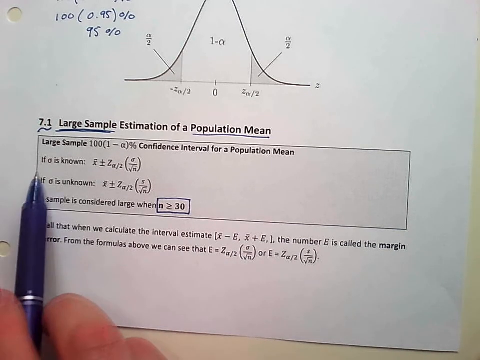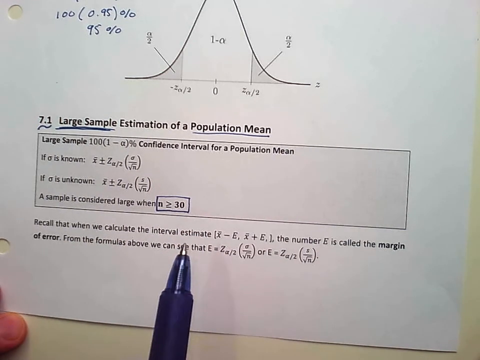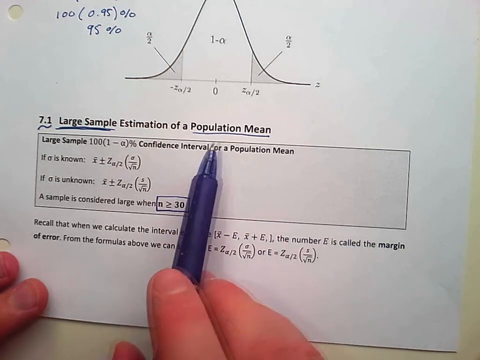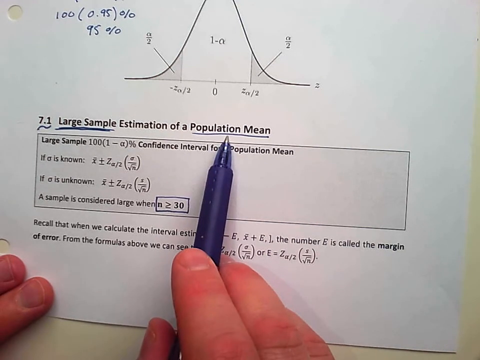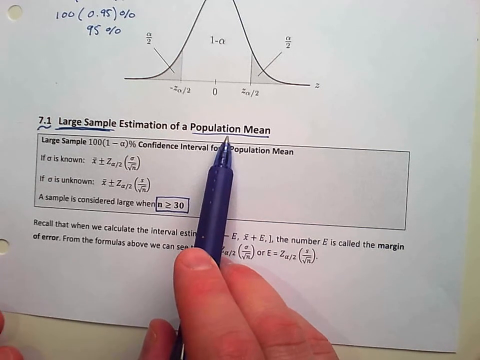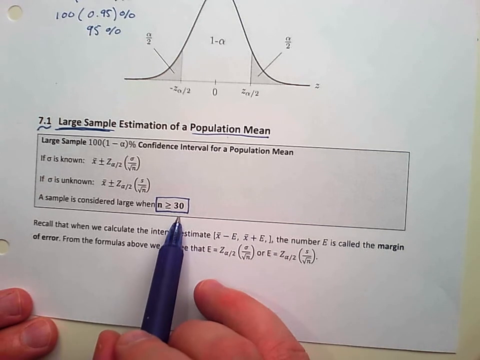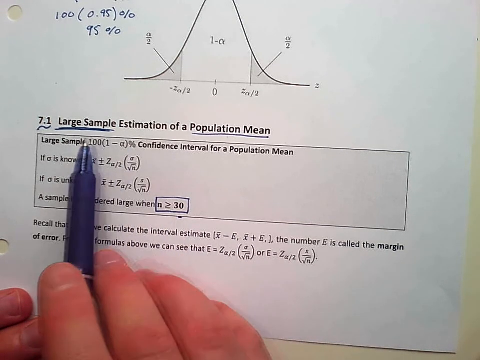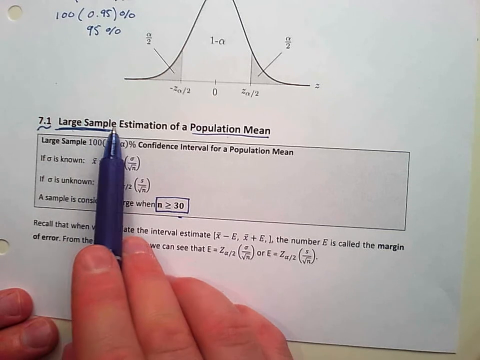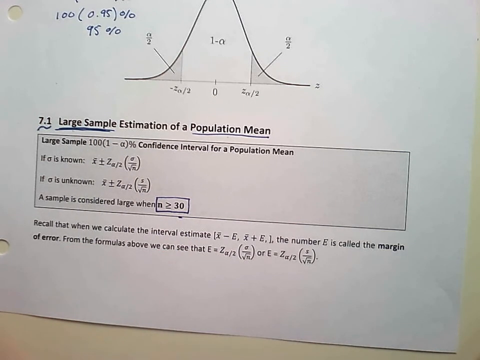So this first topic is what happens if what we're trying to estimate is the population mean whenever our sample sizes are greater than or equal to 30. That's why it's called the large sample estimation of a population mean.